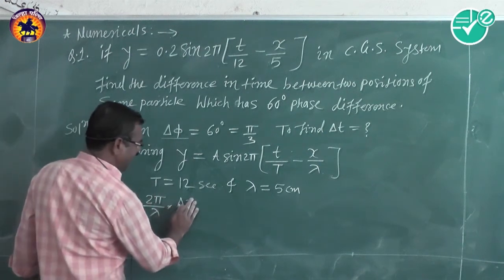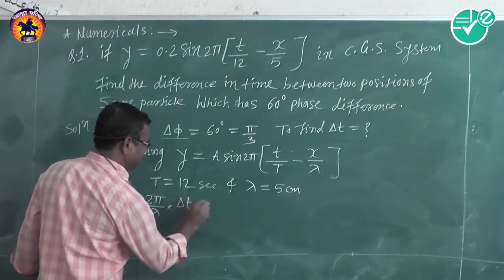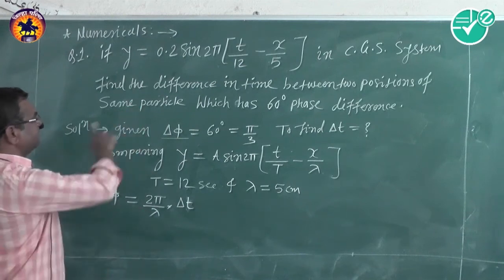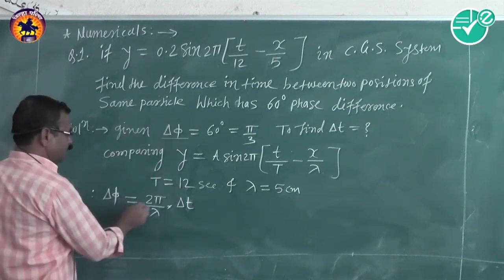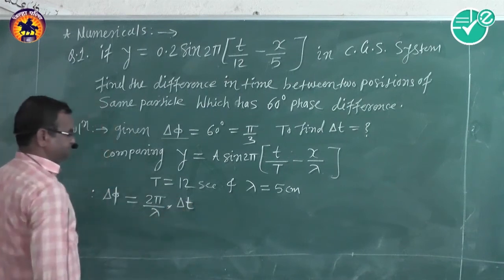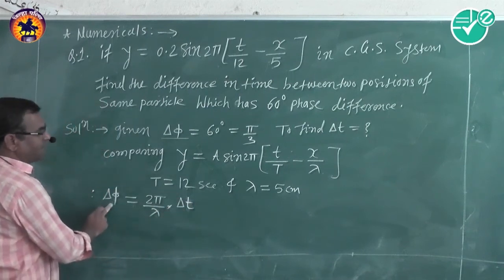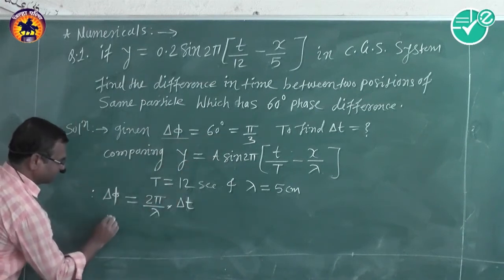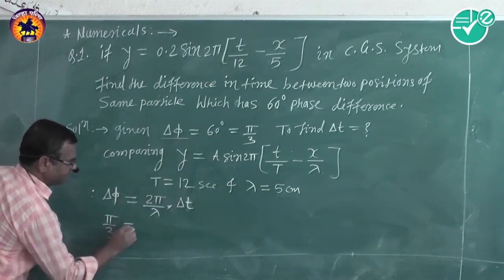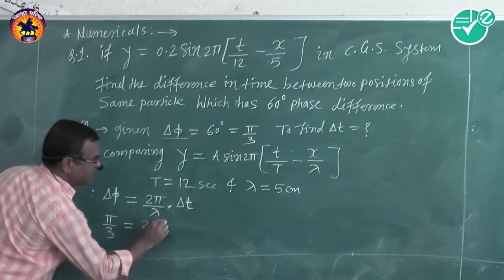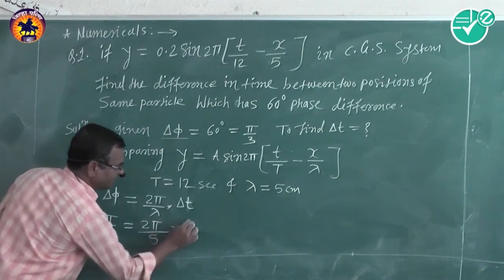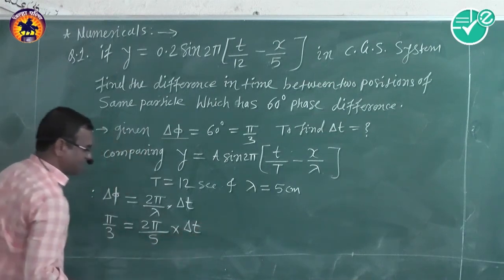We can find the time difference for the same particle at different positions. Therefore, delta phi is given as 60 degree, which means pi by 3. It is equal to 2 pi upon lambda, 5 centimeter, into delta t.